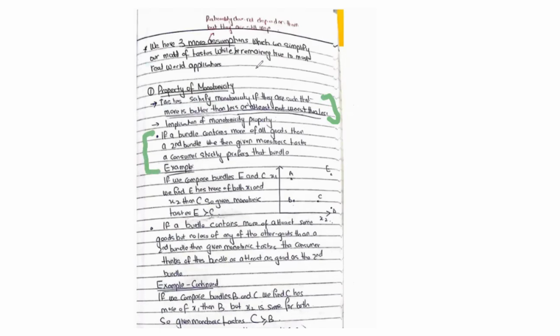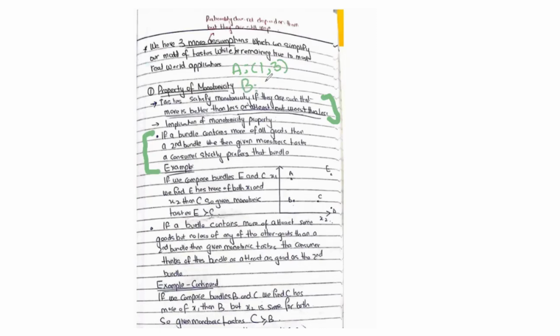Let's say we're looking at bundles of two goods. Bundle A is made up of 1 unit of good 1 and 3 units of good 2.